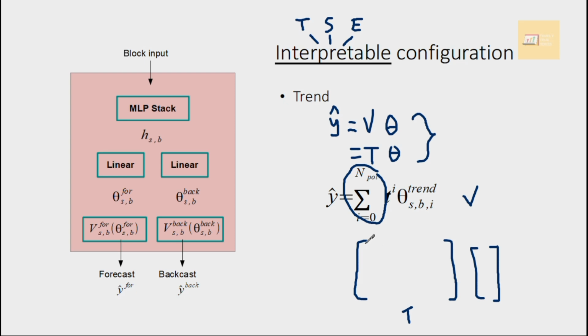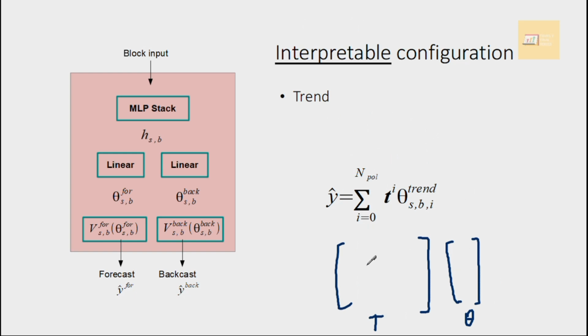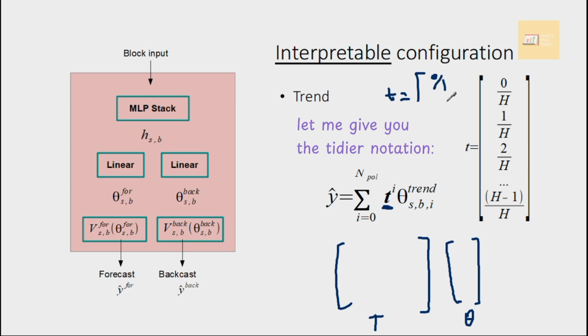When i equals 0, it's just the intercept. The lowercase t here is printed in bold, indicating that it is actually a vector. It will start from 0 over h, the horizon, then 1 over the horizon, 2 over the horizon, until h minus 1 over the horizon.